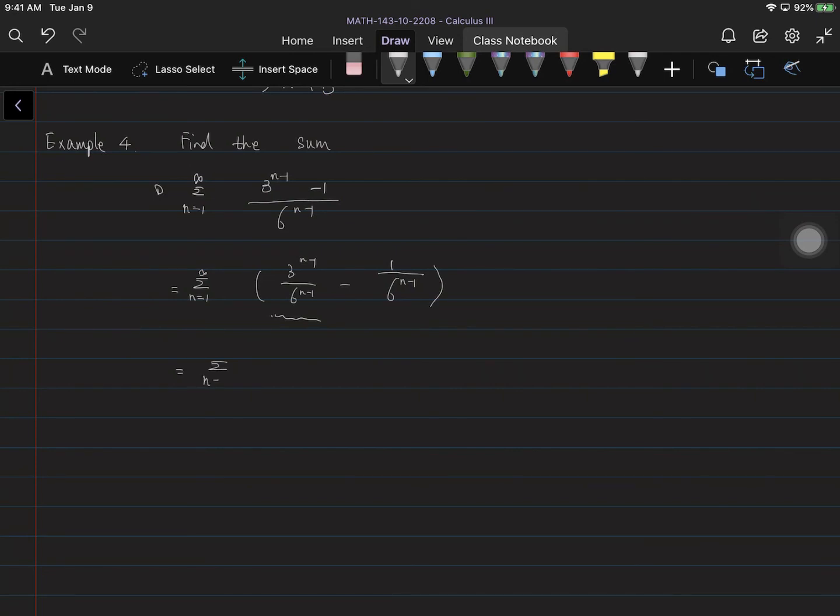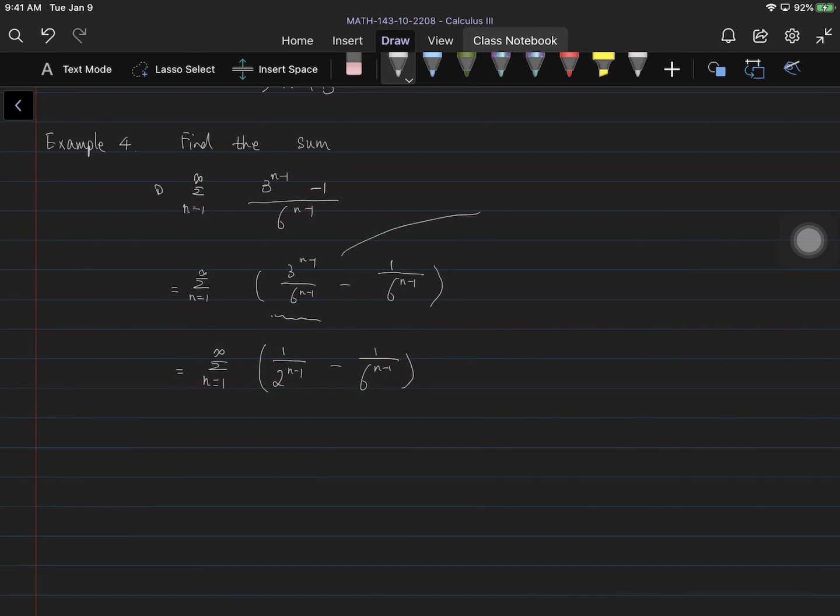6 over 3 should be 1/2, right? So after we simplify, it should be this term, and minus 1 over 6 to the n minus 1. Are you okay, everyone, for this term?